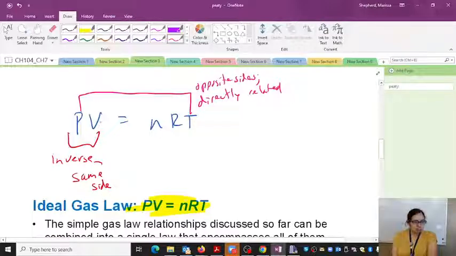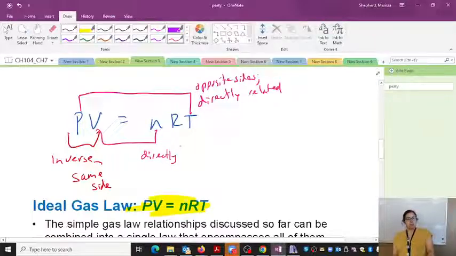We can tell volume and moles are also directly related since they're on opposite sides. Temperature and volume would also be directly related, if we're holding everything else constant. And moles and temperature would be inversely related since they're on the same side.